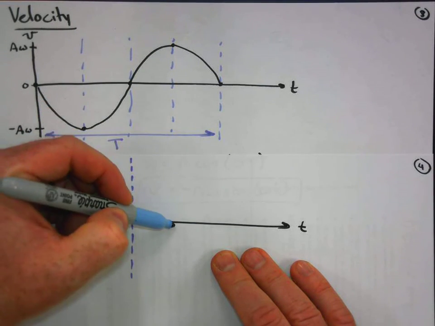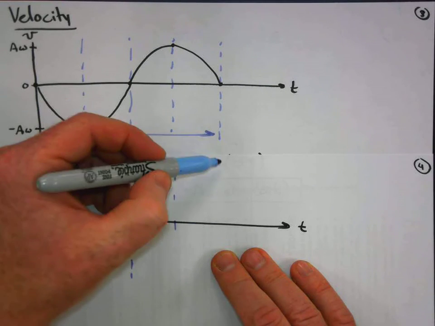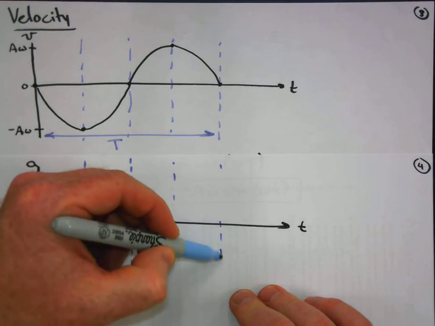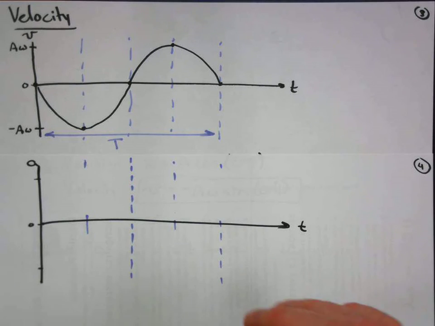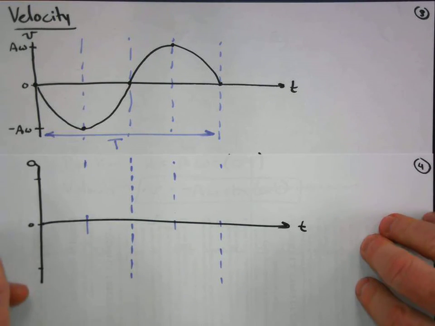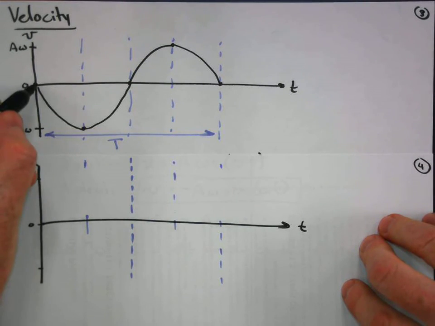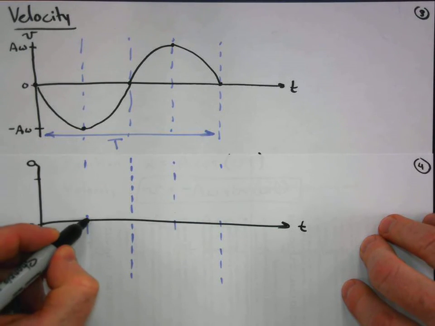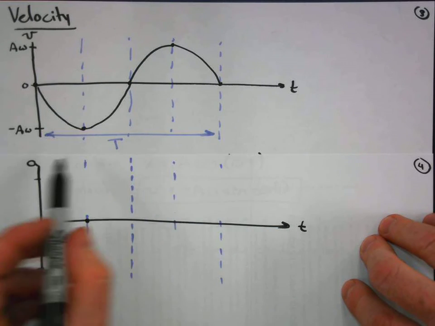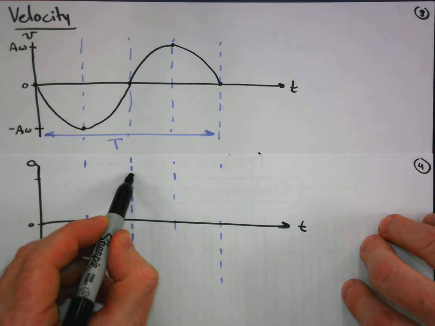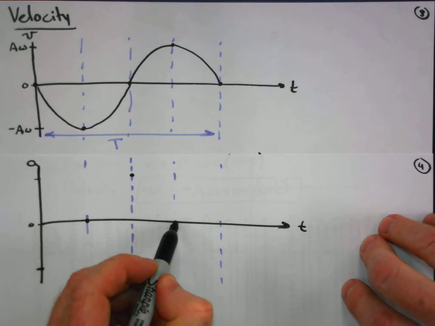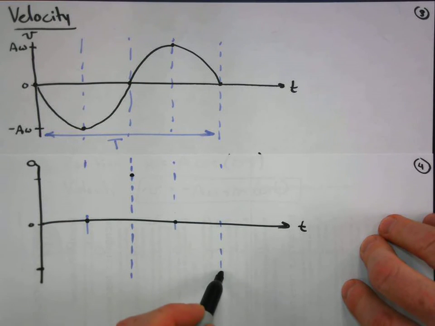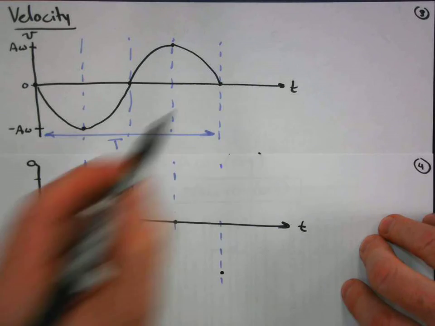Okay, I think we're good at this point. So now, maximum slope here, well, that's a negative slope right here, and so maximum negative slope, I have a data point right there. And then 0 slope, I'm back up at 0, and then maximum positive slope here, back to zero slope there, and maximum negative slope one more time here, maximum negative slope.